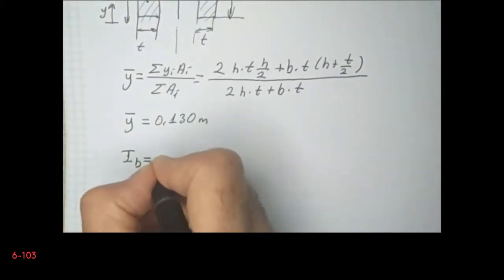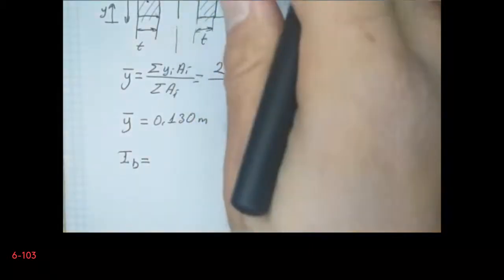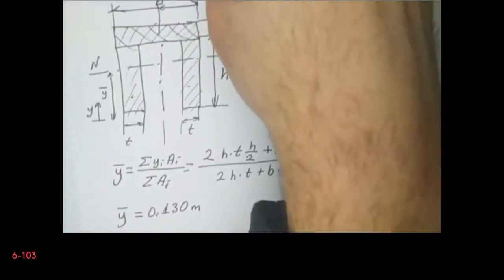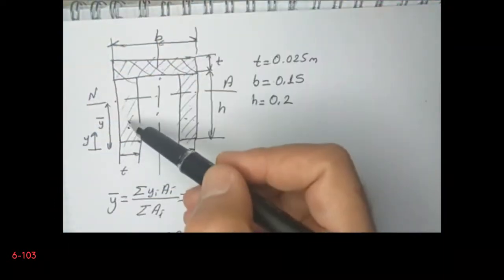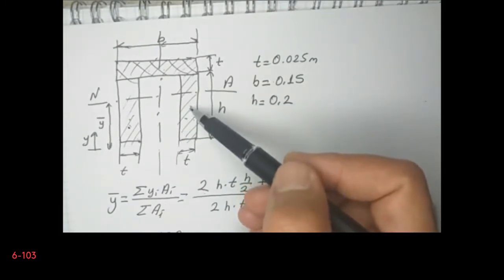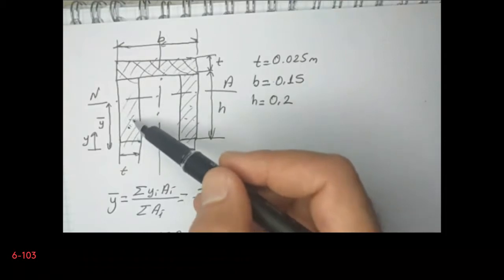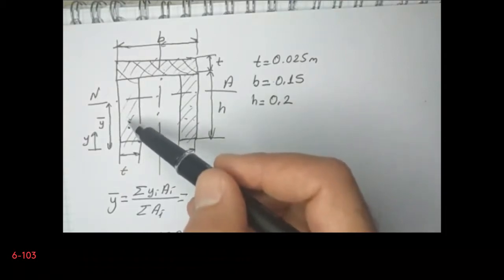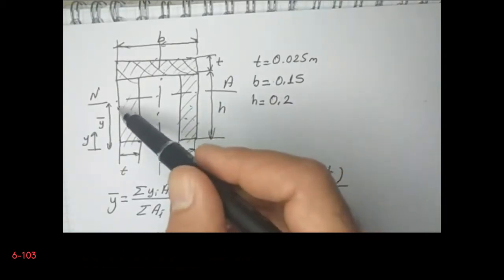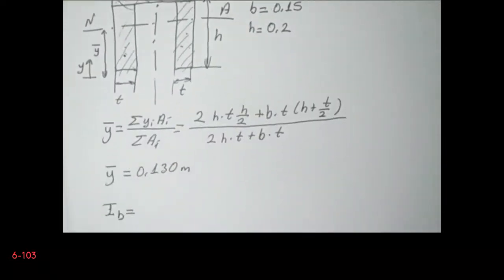Now first I will calculate the bending moment of inertia of these two areas, and then I will calculate the bending moment of inertia of this area with respect to the neutral axis. So first I will calculate the bending moment of inertia of these areas with respect to their centroids, and then I will shift it to the neutral axis.